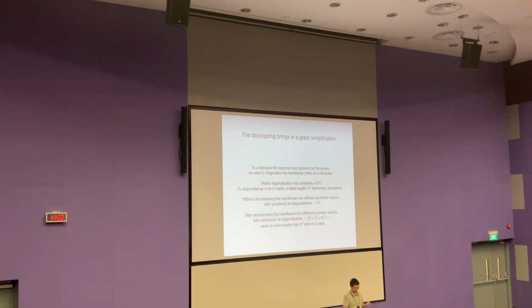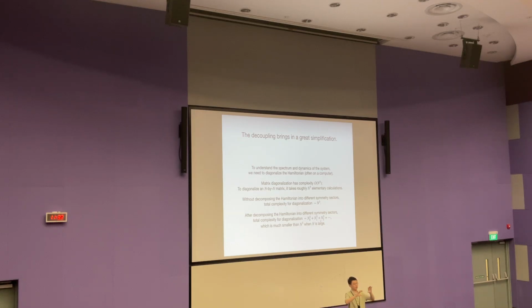But if we do decompose the Hamiltonian into smaller sectors, say one part that is n0 by n0, another smaller Hamiltonian that's n1 by n1, another that's n2 by n2, and so on, then the total complexity will be this one, right?